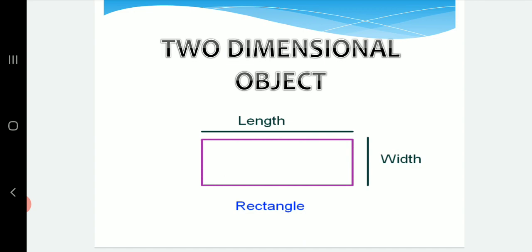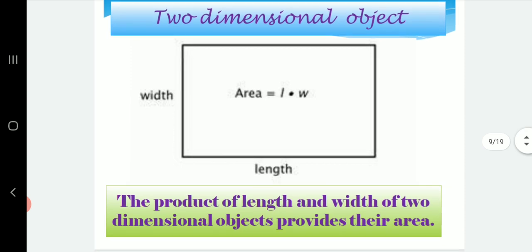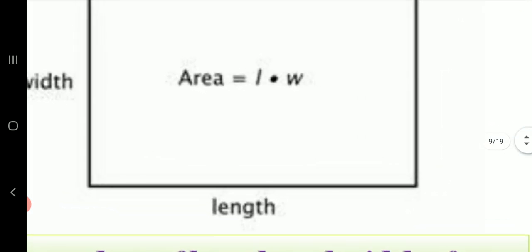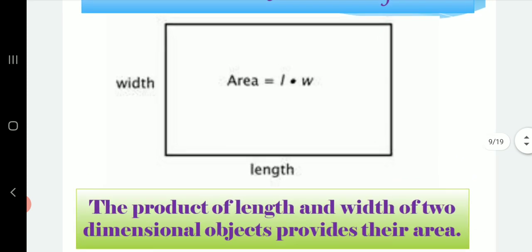With the help of length and width, we can find out the area. Yes, area is what? Area is equal to length into width, right? The product of the length and width of the two-dimensional object provides you the whole area of the rectangle. Okay. Now understood, the objects which have length and width give the area.